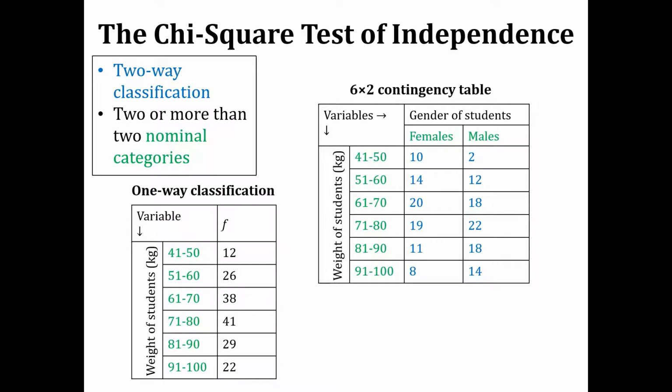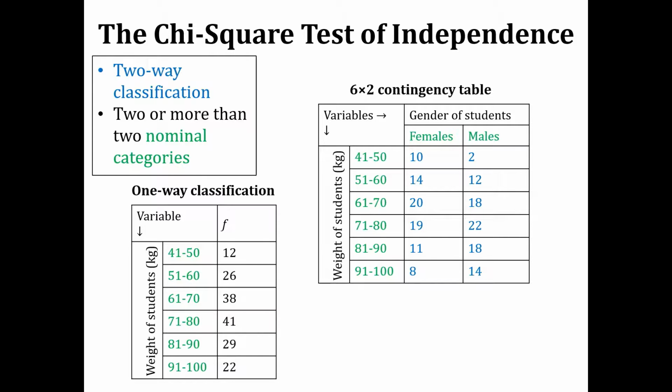And if we add another variable, which is the gender of students, now we have two variables. The gender of students is presented in columns, and it has two categories, females and males. The other variable is the weight of students in kilograms, which is presented in rows, and it has 6 classes or 6 categories. The observations belong to two variables, the gender of students and the weight of students.